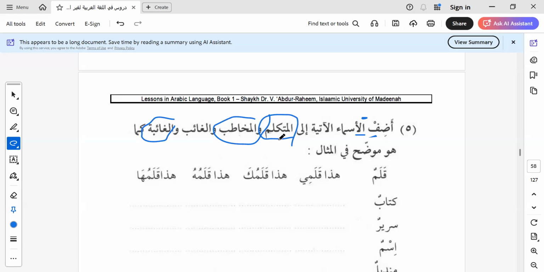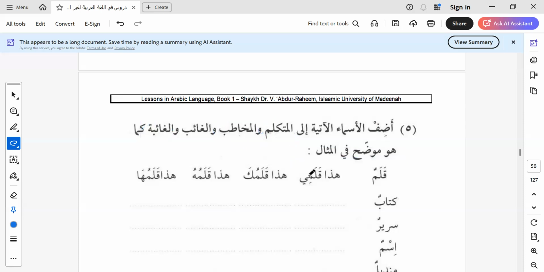Al-mutakallim, first person, is used for both male and female. ضمير المتكلم, ضمير المخاطب, والغائب third person, غائبة third person feminine. كما هو موضح, as it is explained في المثال, in the example.